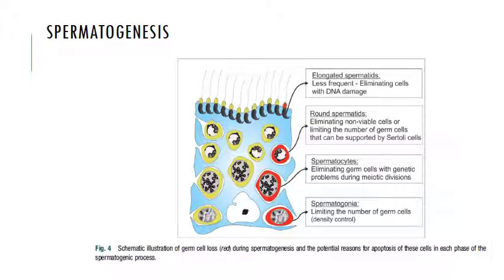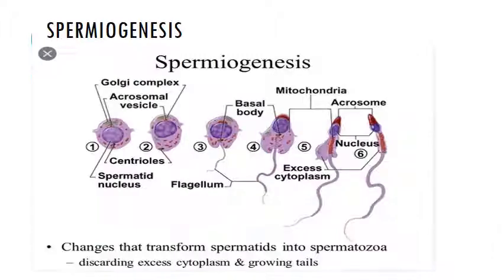After completion of production of spermatids, initially we get round spermatids. These slowly evolve and ultimately form elongated spermatids. These spermatids finally give rise to spermatozoa. In this pictograph, you are able to see initially there are round spermatids. Slowly they are developing a flagellum.